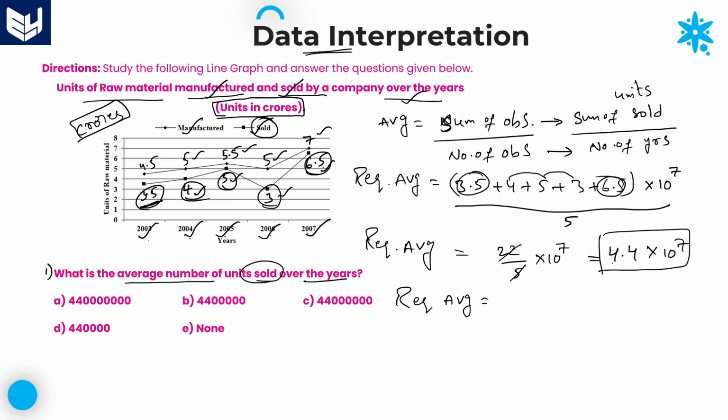As the values are 44 followed by zeros, you need to write it like this only. Here it is 4.4 into 10 to the power of 7, which is equal to 44 followed by 6 zeros. When you multiply with this 10, that 10 will be reduced, so 44 is followed by 6 zeros.